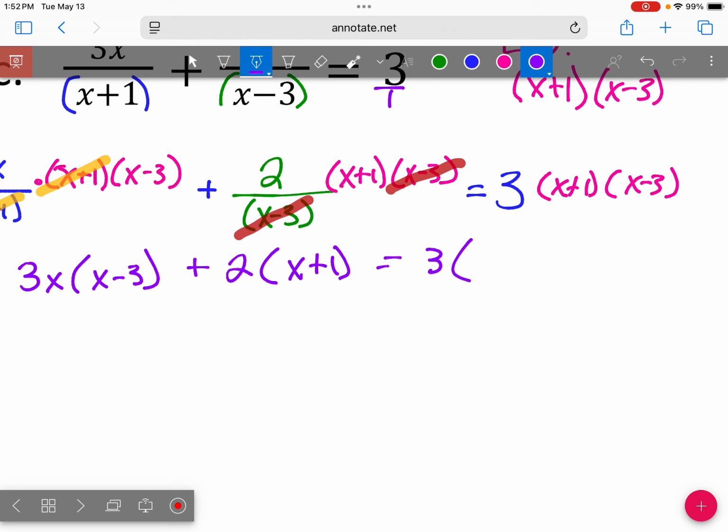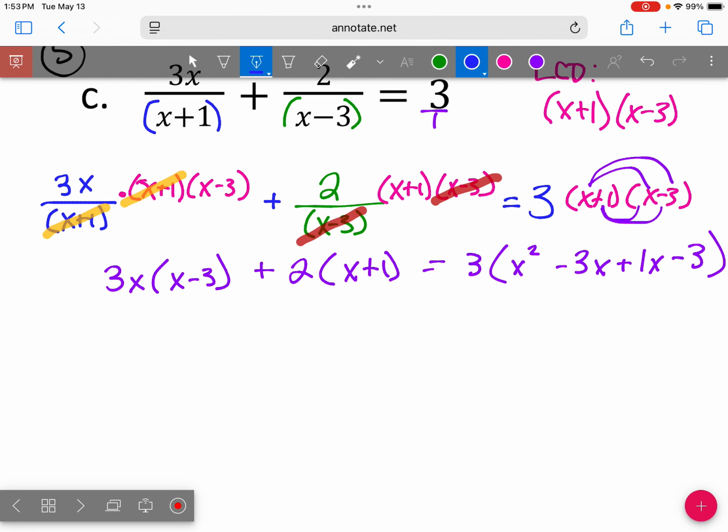We're going to have our x times x giving x squared, x times minus 3 giving minus 3x, 1 times x giving a positive 1x, 1 times minus 3 gives us minus 3. So I'm just multiplying those bits out as we come across them. There are lots of different orders in which you can do these several steps.